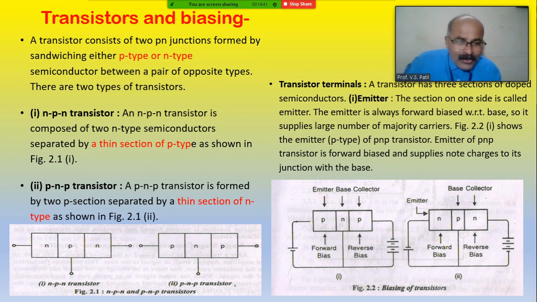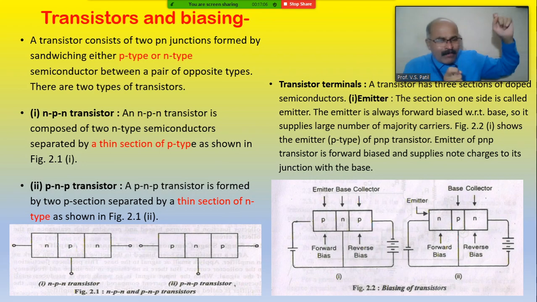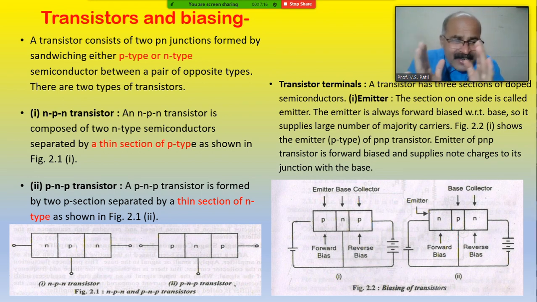In the last lecture, we learned that the basic function of a transistor is to transfer the resistance from input circuit to output circuit. Means in a transistor, the resistance is transferred from the emitter-base junction to the base-collector junction. This is the specific function, and due to this characteristic, the transistor can act as an amplifier.